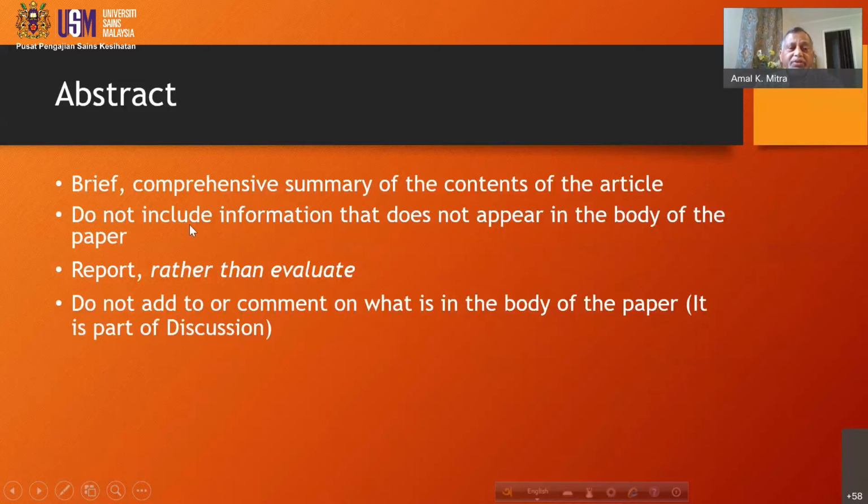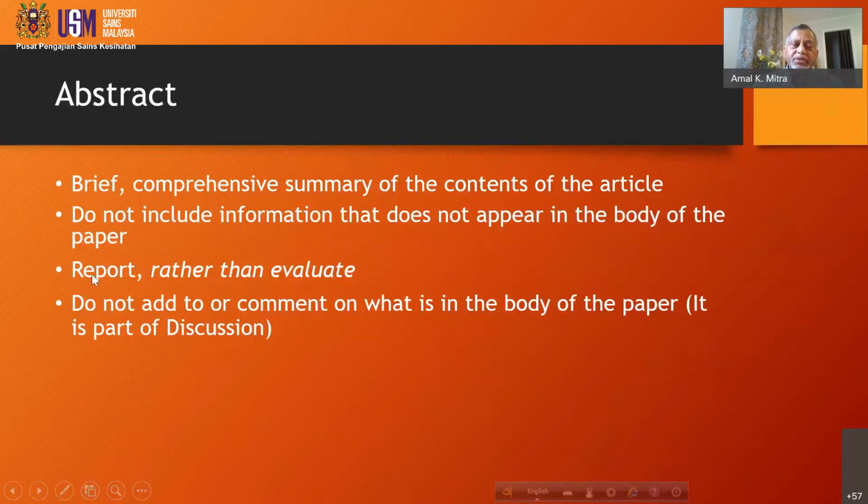Do not include information that does not appear in the body of the paper. I've seen many times people go beyond what is there in the paper in writing the abstract. Abstract is the summary of the content of the paper.